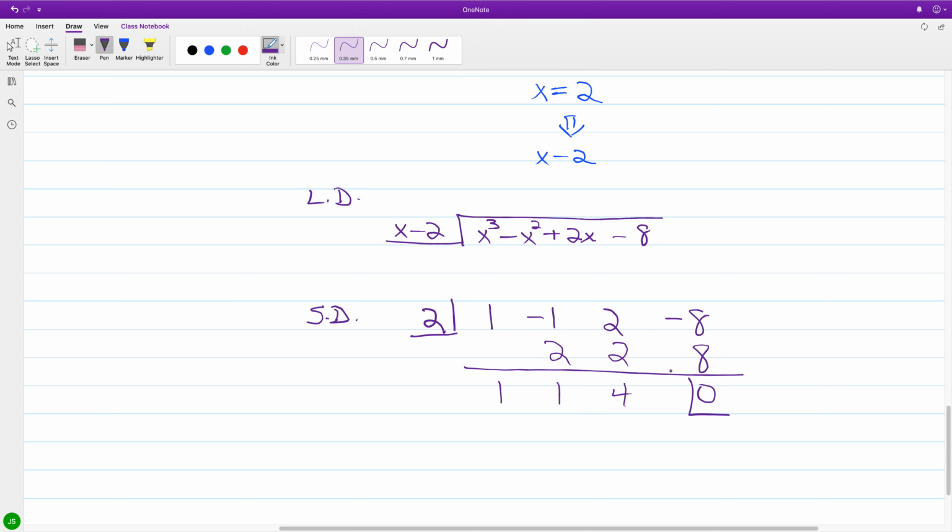Now, again, with the divisor we have x minus 2.